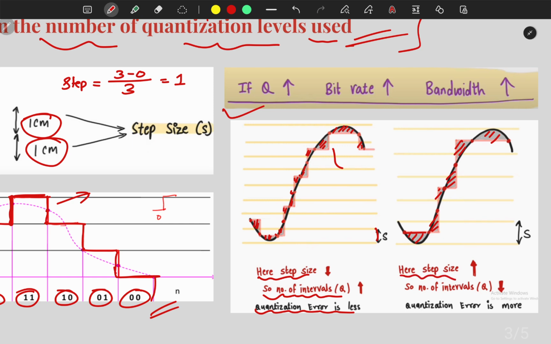So here the step size increases, so the number of intervals decreases. As the step size increases, the number of intervals decreases, so the accuracy also decreases. Basically we can also use the term accuracy here. If for determining a value we take small steps, like a value that needs to come out as 5.1923549, just like that.